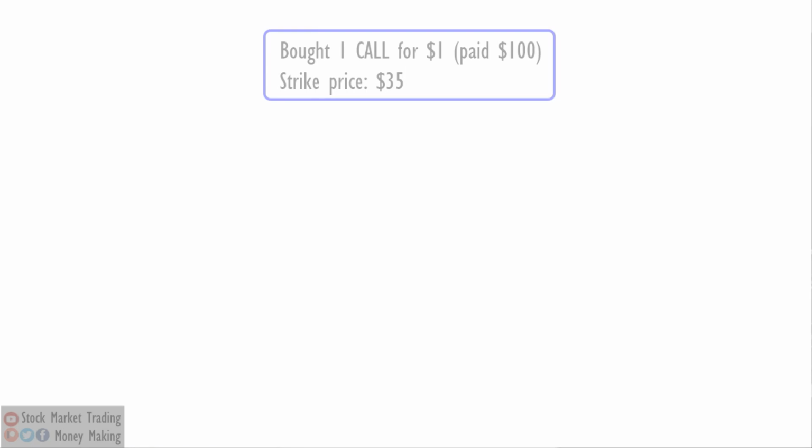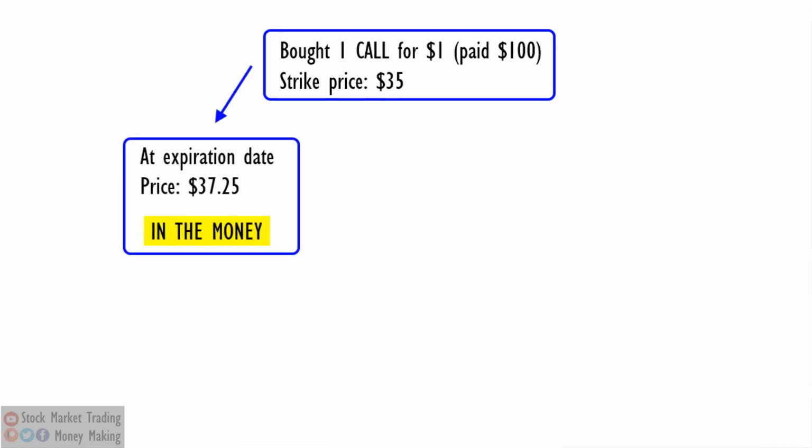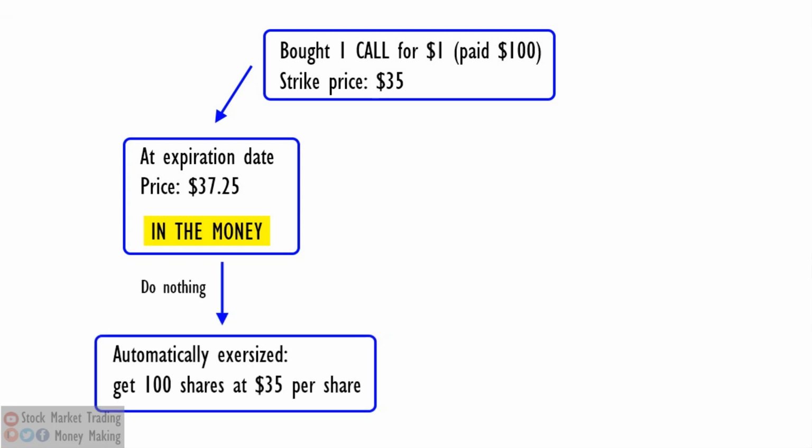Let's take a look at an example of buying an option and not doing anything with it after all. Let's say you bought one call of some XYZ company stock expiring this month, strike price $35 for $1. Let's assume that today is the option expiration day and XYZ stock is trading at $37.25 per share right now. In this case, your call is in the money, so if you don't do anything, you will be automatically exercised and get 100 shares of XYZ stock at $35 per share.